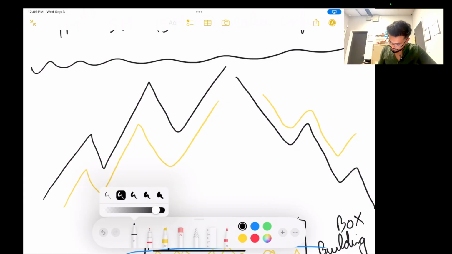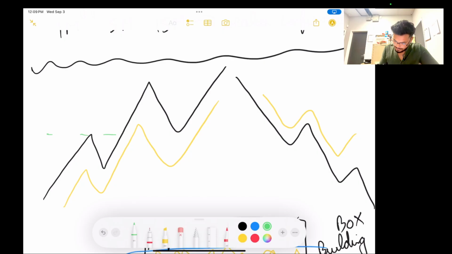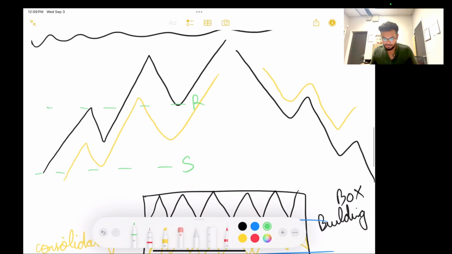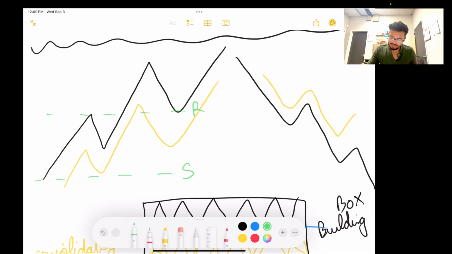Let's plot some. All right, this was resistance, this was support, and as the statement says, resistance becomes support. This resistance, when the price moved out of this, becomes support at this point. What was resistance at this point, and then here when it comes, it becomes support for the price.